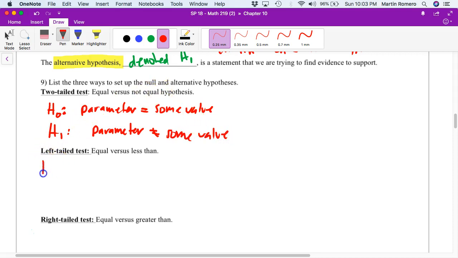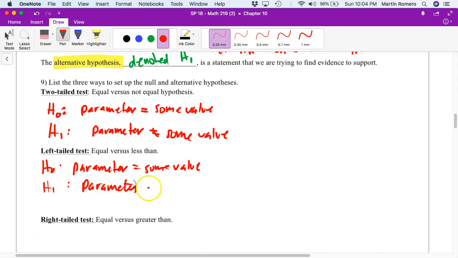The next one is a left-tail test. We say the parameter is equal to some value. And then the alternative, a statement that we're trying to find evidence to support, is that the parameter is less than some value.